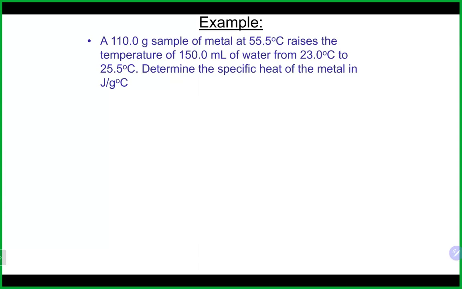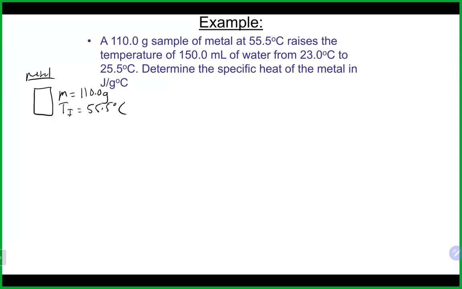Okay, so let's take a look, see how you're doing. So again, we have a very similar example to what we've been talking about. We have a piece of metal here, and obviously for our metal, the mass is 110 grams. The temperature of it initially there is 55.5 degrees Celsius.